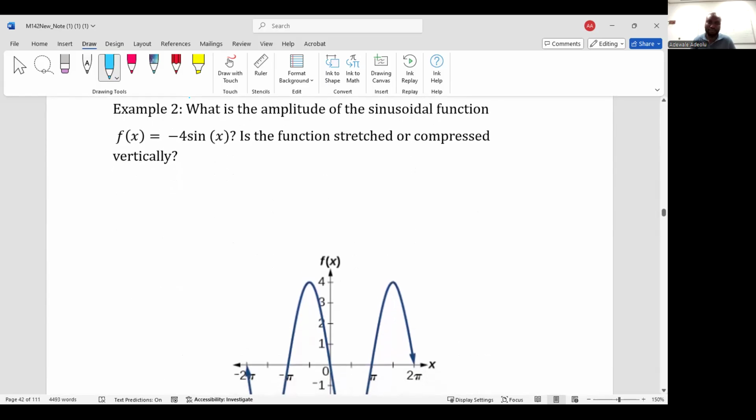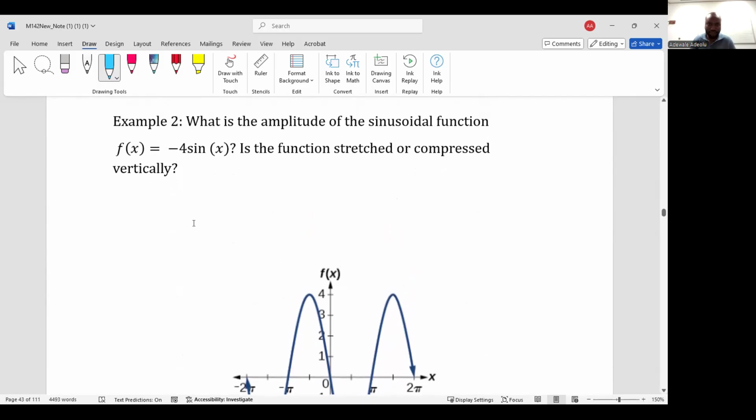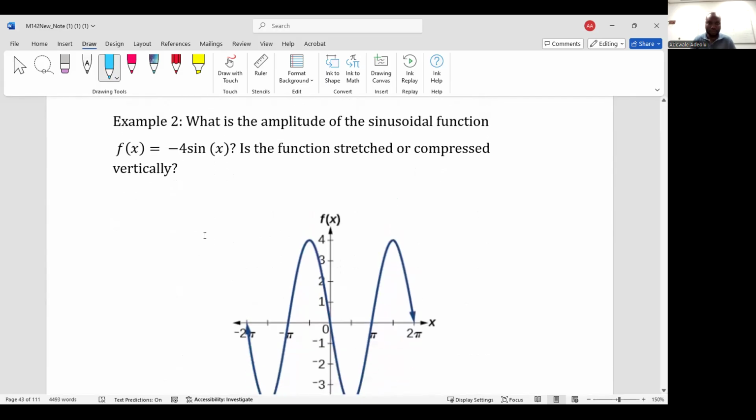Let us consider an example. What is the amplitude of the sinusoidal function f of x equals -4 sine x?